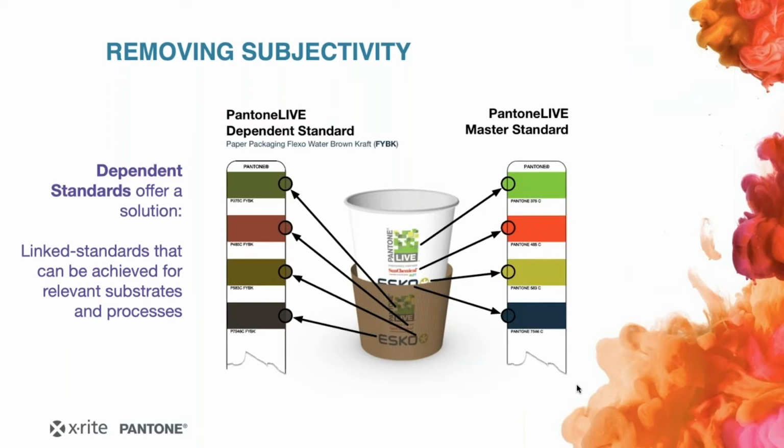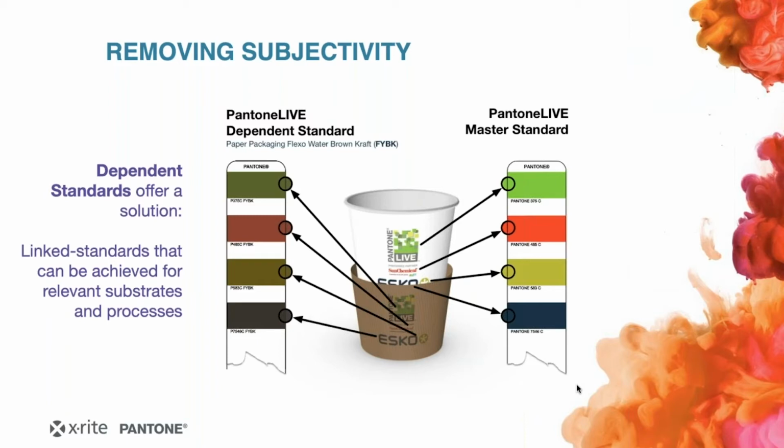Master standard would be what the fan deck had. The dependent is the new achievable target on a type of substrate, in this case, a brown craft, okay? So that when a brand wants their product printed on brown craft, they specify the appropriate color, and every supplier can go and find an achievable target.